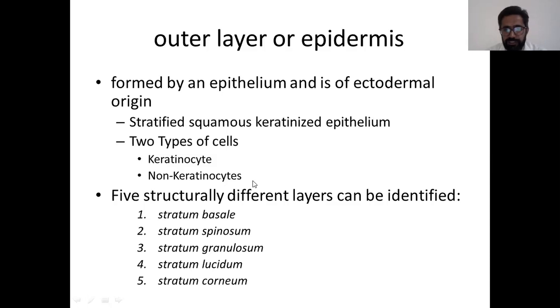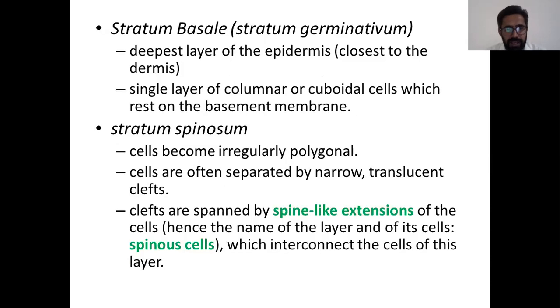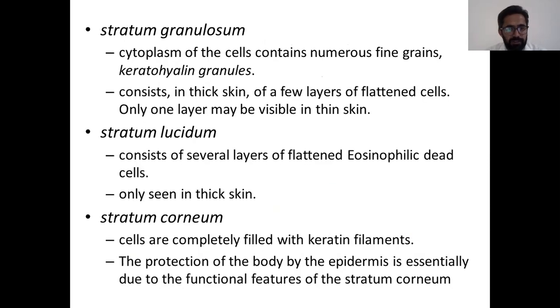As I am going to share this PPT with you as well, I request you, while you listen to this video, to go through the text describing these basic layers. Stratum basale, also termed as stratum germinativum, stratum spinosum, stratum granulosum, stratum lucidum, and stratum corneum.